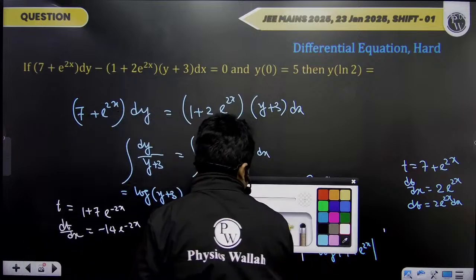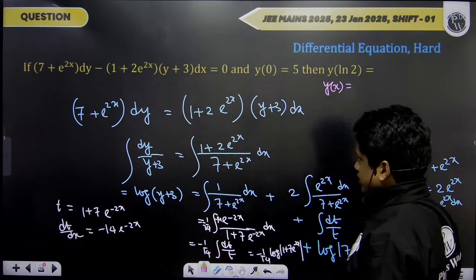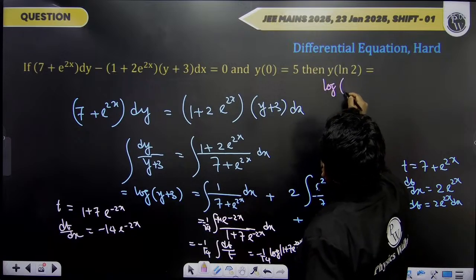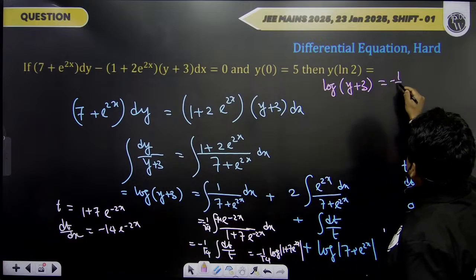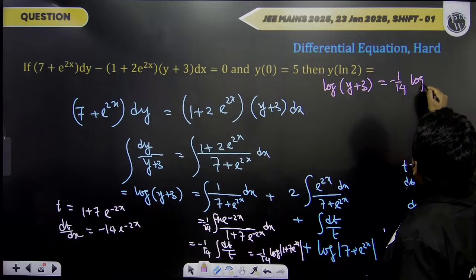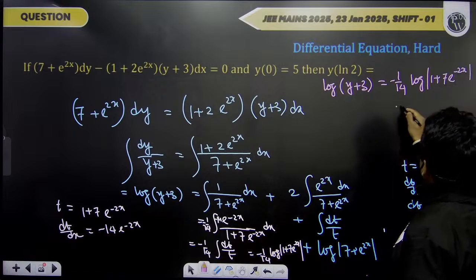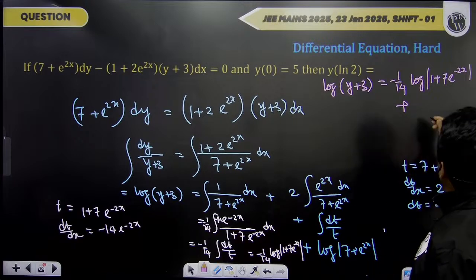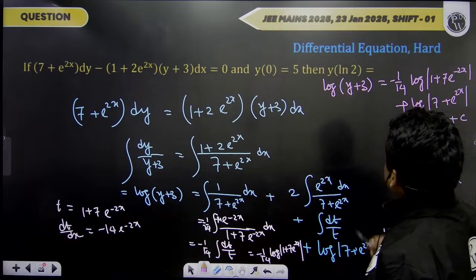So the solution came: log of (y + 3) equal to minus 1/14 into log of (1 + 7e^(-2x)) plus log of (7 + e^(2x)) plus constant, right?